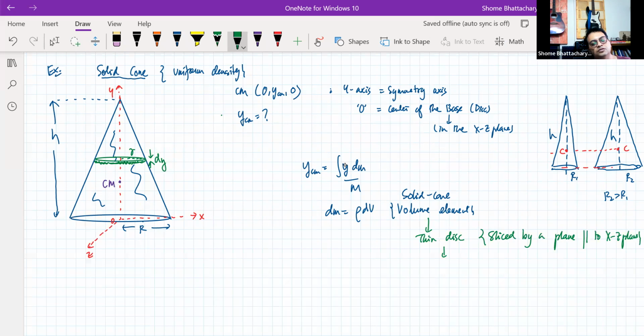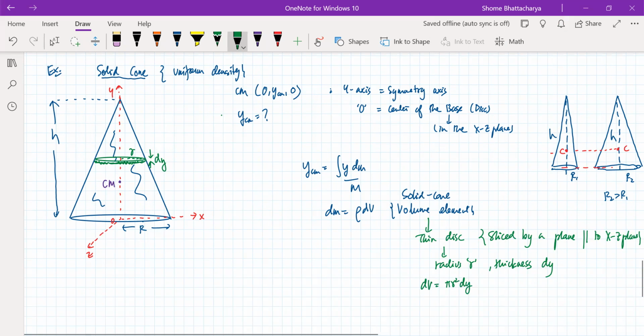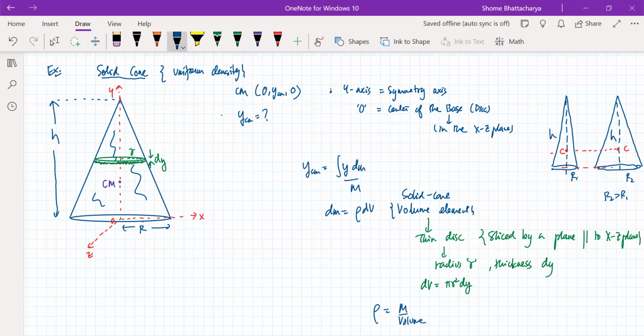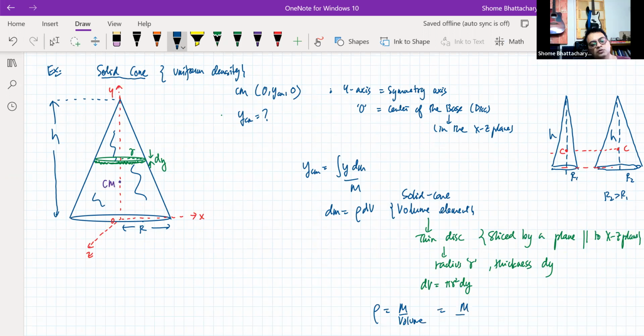So this thin disc is of radius small r and thickness dy. So what about its volume? Its volume will become pi r square dy. Now in the other thing in the formula, what should be rho? It should be mass upon volume of the cone. Can you tell me what is the formula of volume of cone?